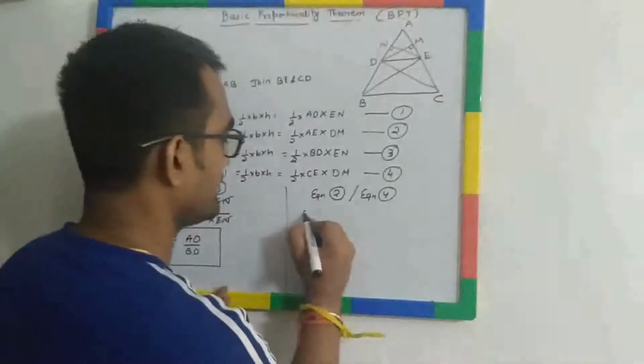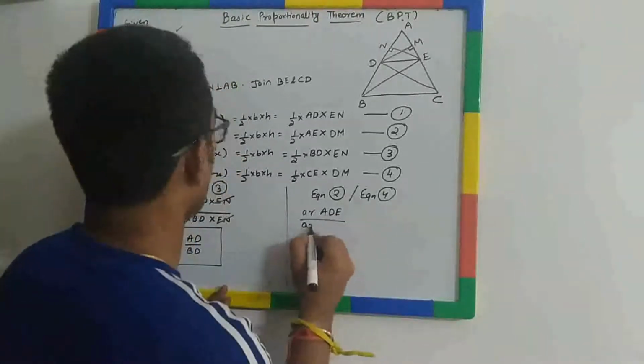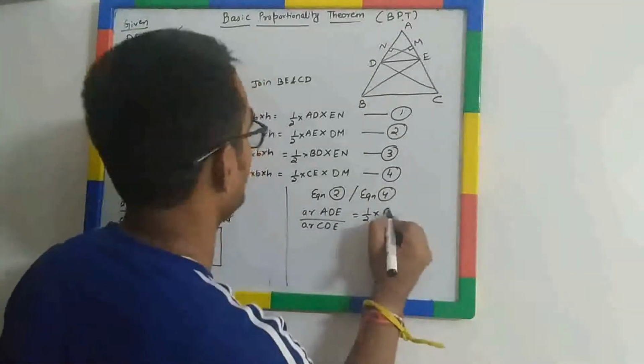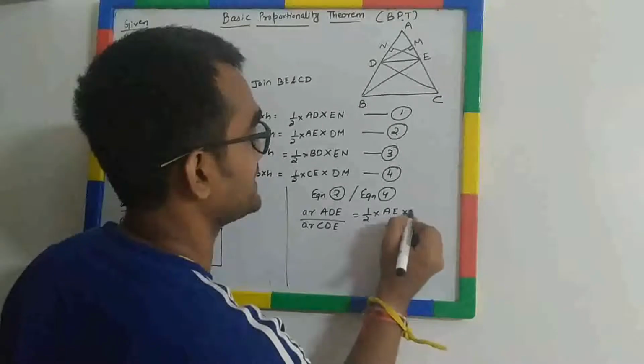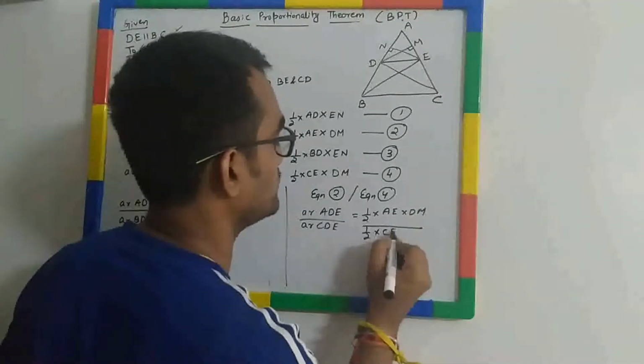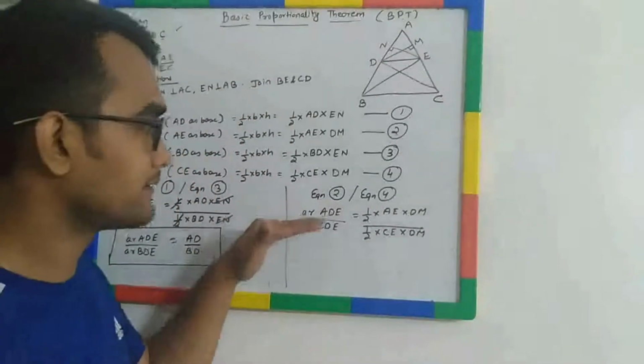Similarly, here we will write area of ADE upon area of CDE will be equal to half into base into height upon half into base into height. So left hand side by left hand side, right hand side by right hand side.